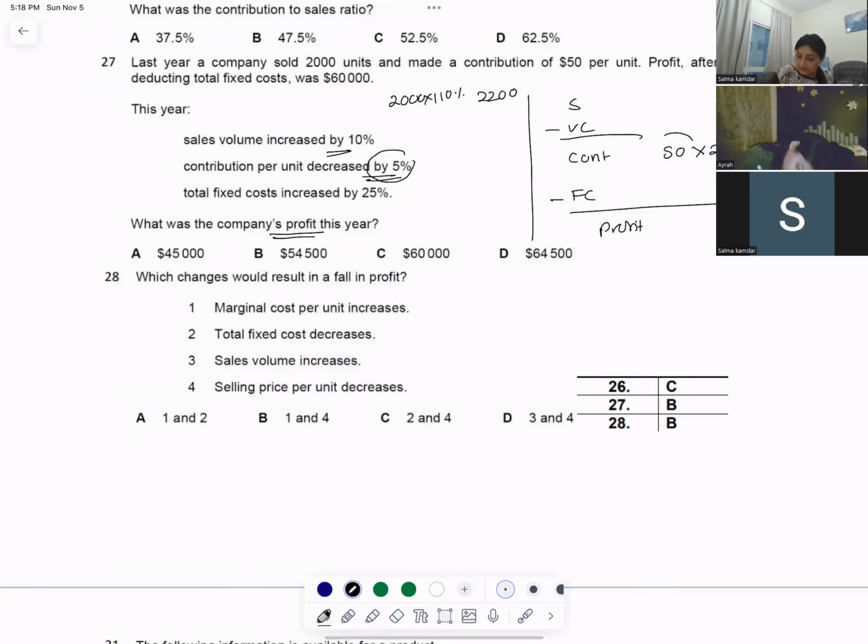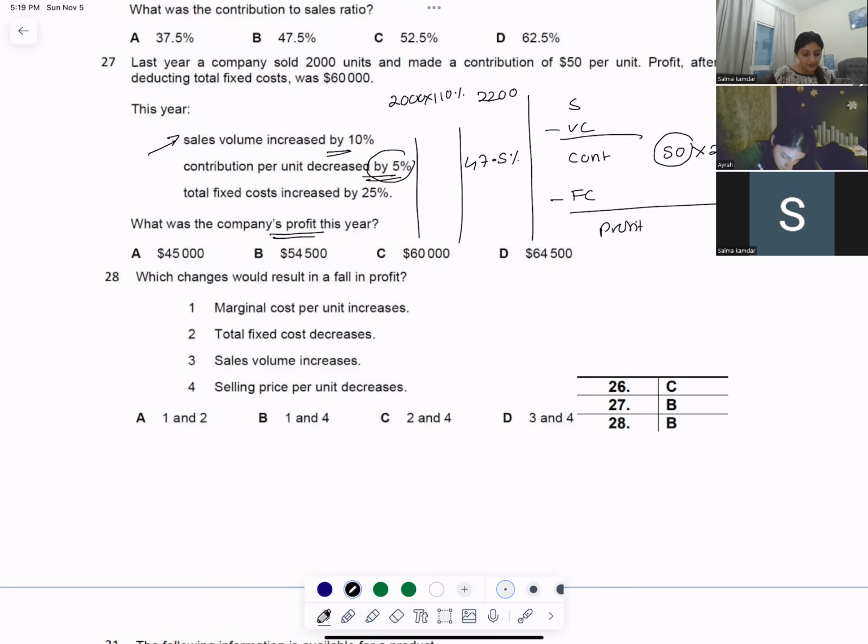So what is the contribution per unit? 50 into 95% will be 47.5. So your new contribution will be how much?